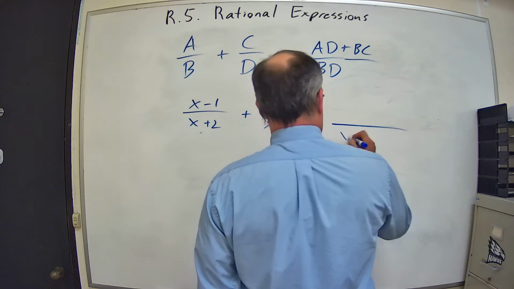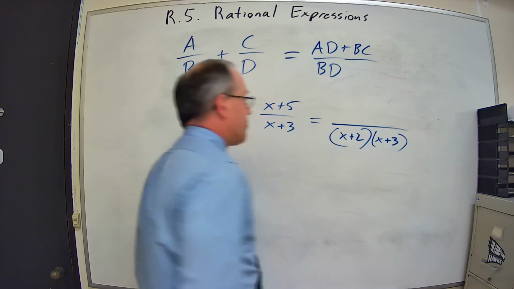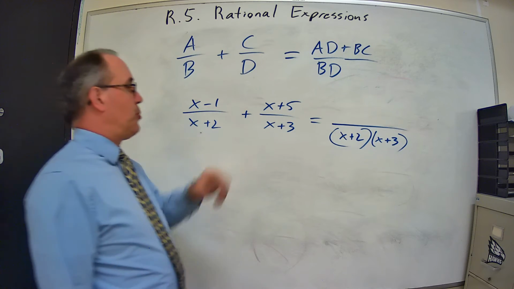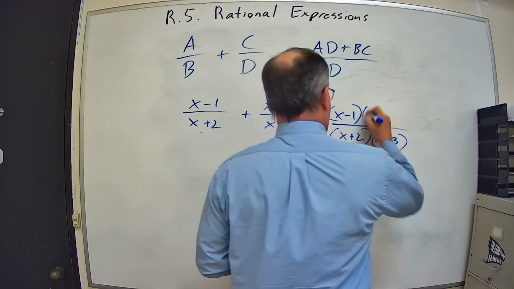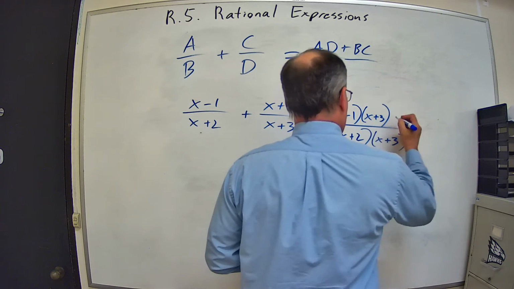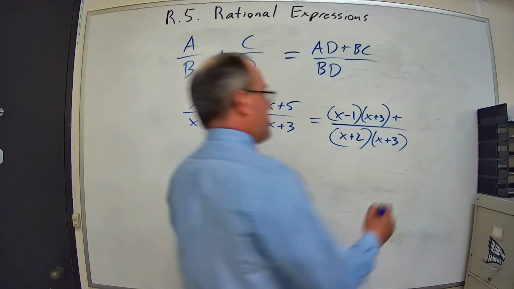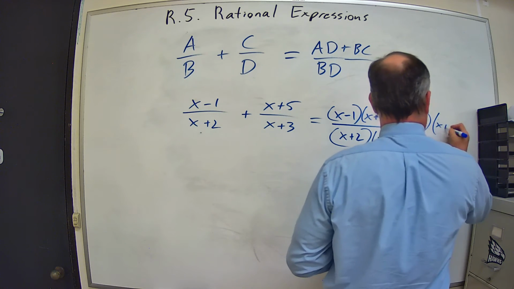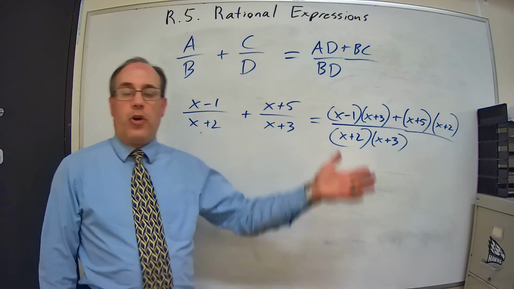So we're going to have x plus 2 times x plus 3. And x minus 1 will be multiplied by x plus 3. And then x plus 5 is going to get multiplied by x plus 2. X plus 5 multiplied by x plus 2. And we've done our multiplication.